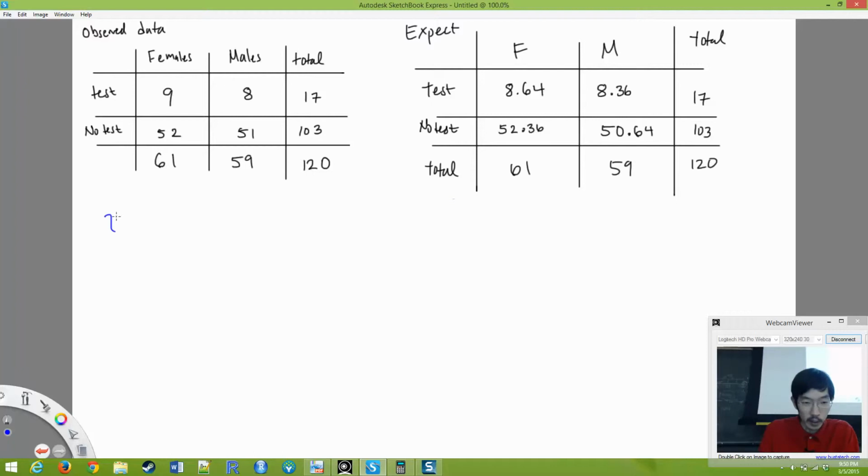So our chi-squared statistic is going to be observed minus expected quantity squared over expected. Okay, so we'll do this for all four cells. We do 9 minus 8.64 squared over 8.64, and you just go through.